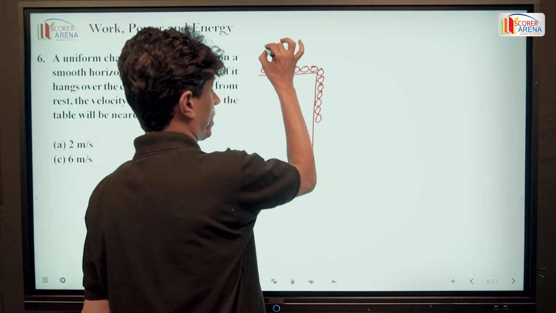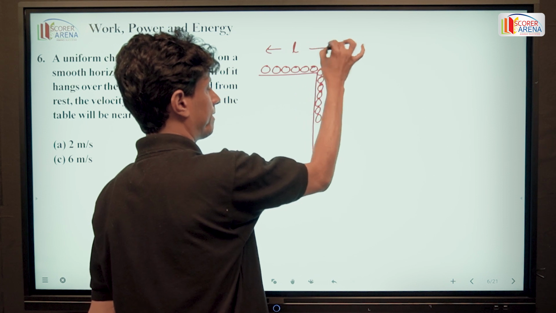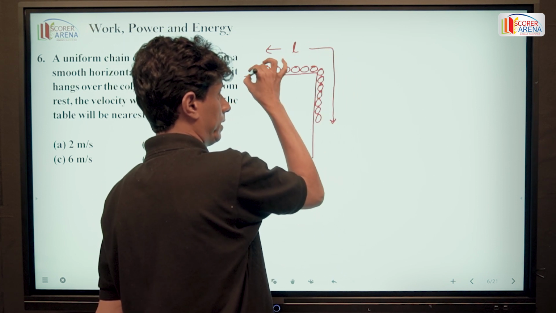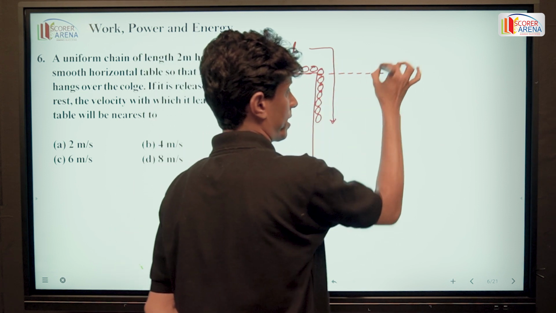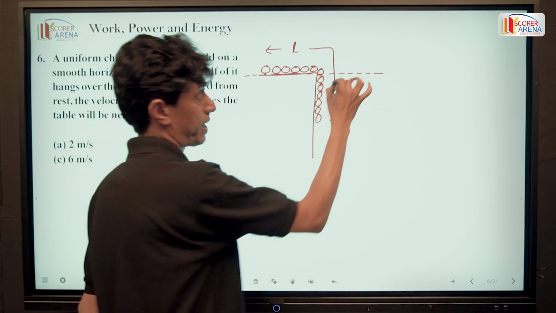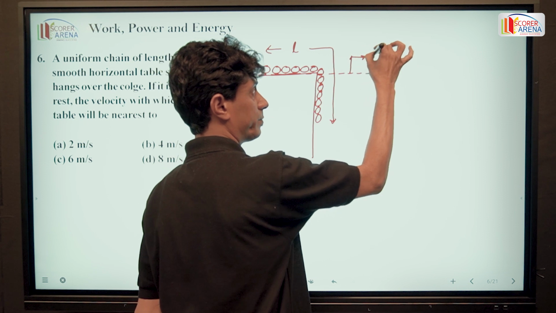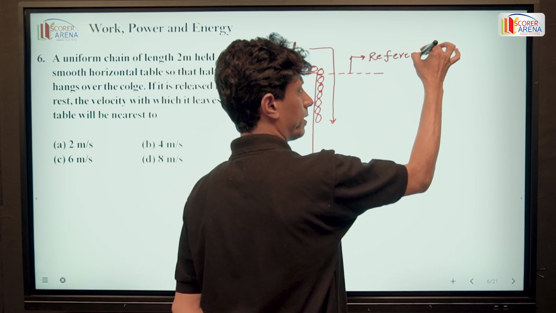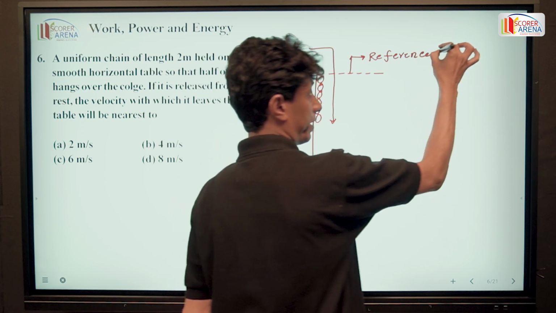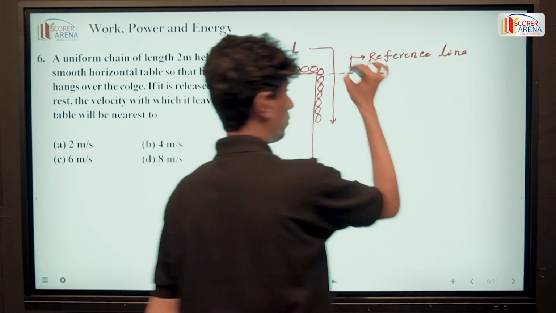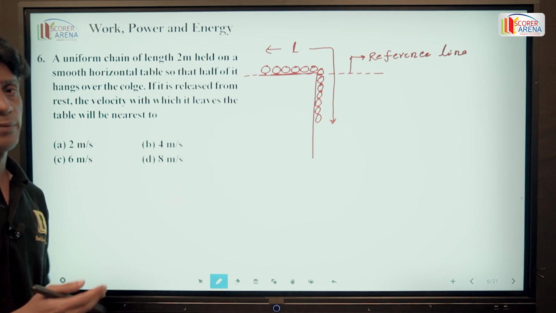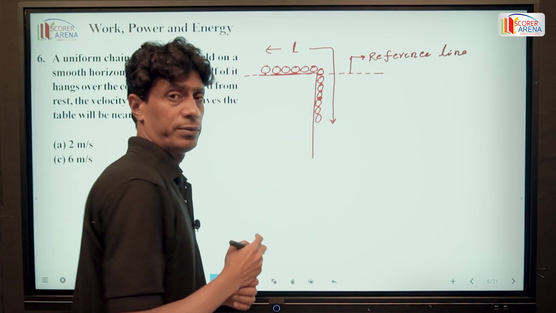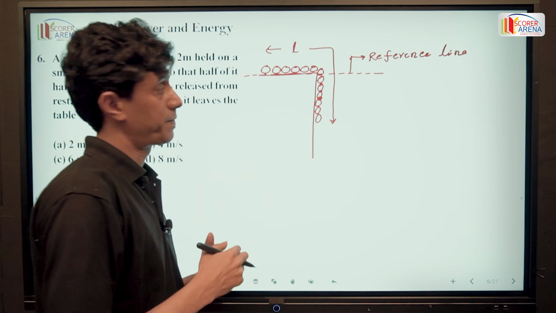If I say the total length of the chain is L, and the line drawn through the surface of the table is taken as the reference line, then with respect to this reference line, we consider the potential energy of the chain.